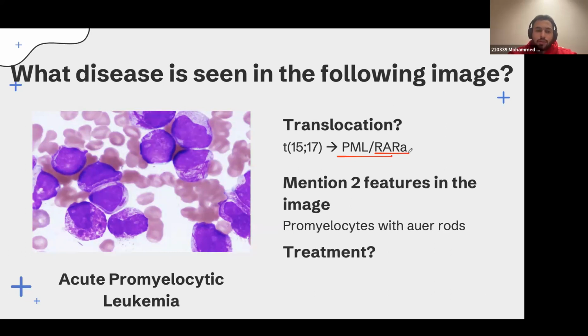Now, what is a treatment for these patients? All-trans-retinoic acid. Good. Okay, perfect. Once you give this, this will start to differentiate the cells from one phase to another.